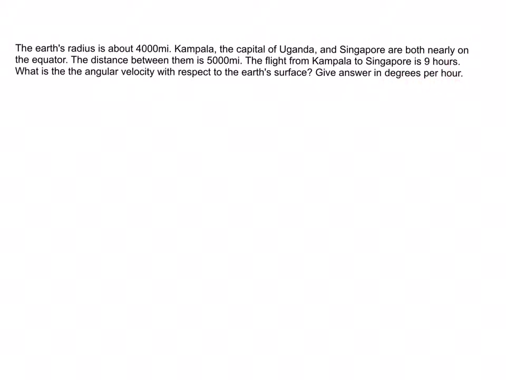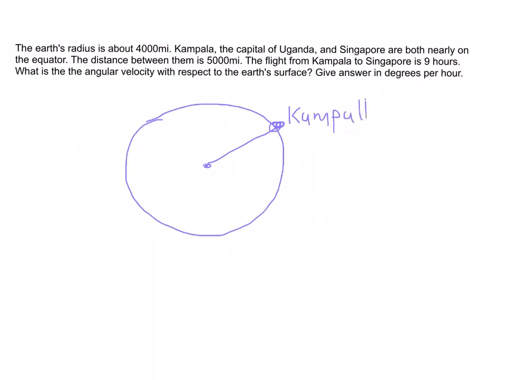All right. So we've got the Earth. We'll just do the Earth in purple. And here's the center. And we know that we've got this town here, Kampala. And we've got this town here, which is Singapore.